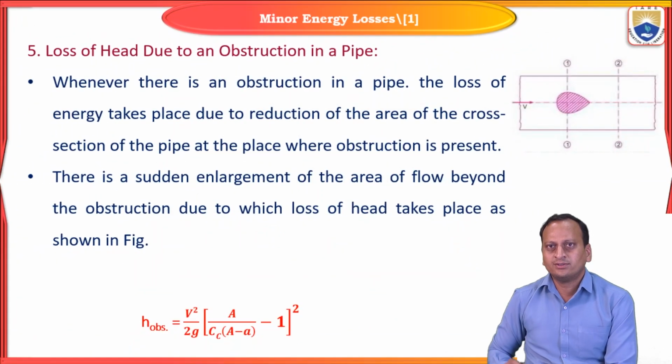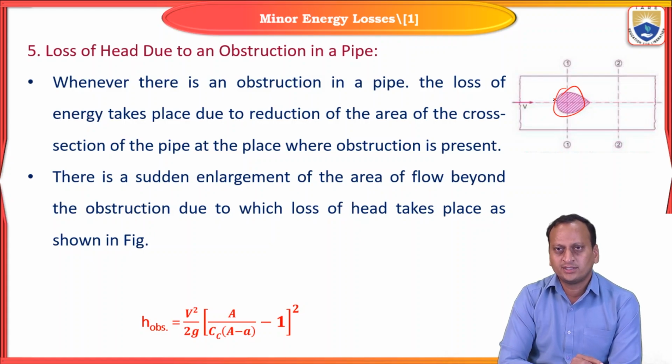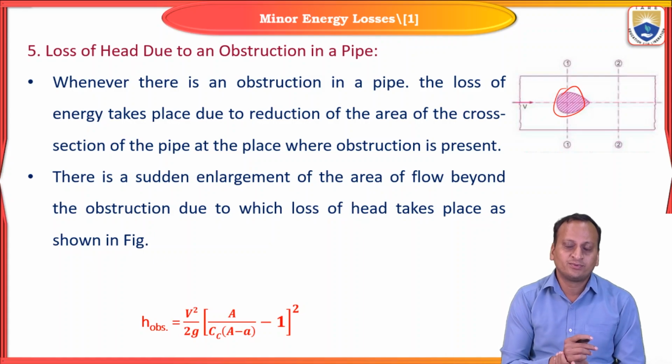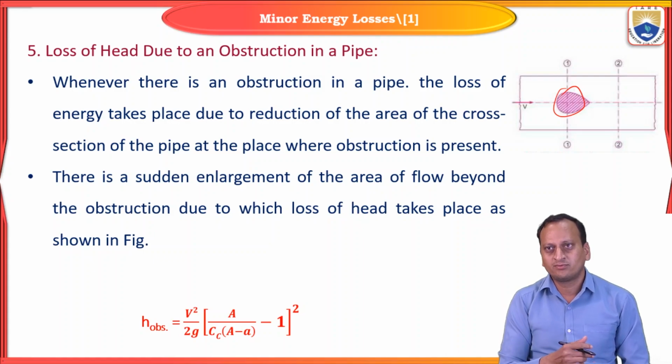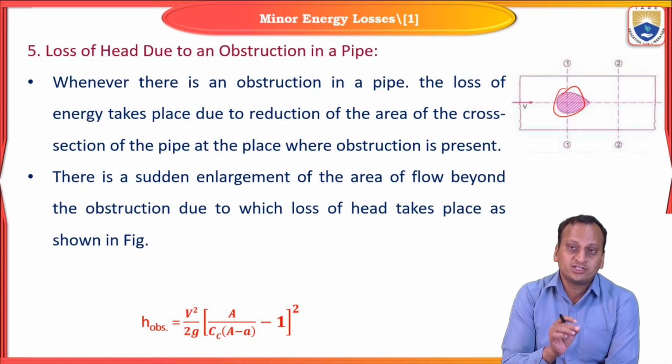The loss of head due to an obstruction in a pipe. If there is some obstruction or foreign material, then due to that, the quantity of fluid flowing becomes less. So equal to that area, that much energy will be lost.